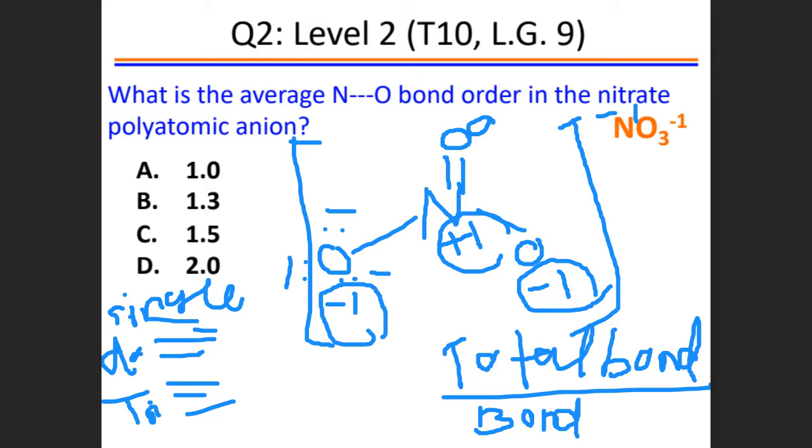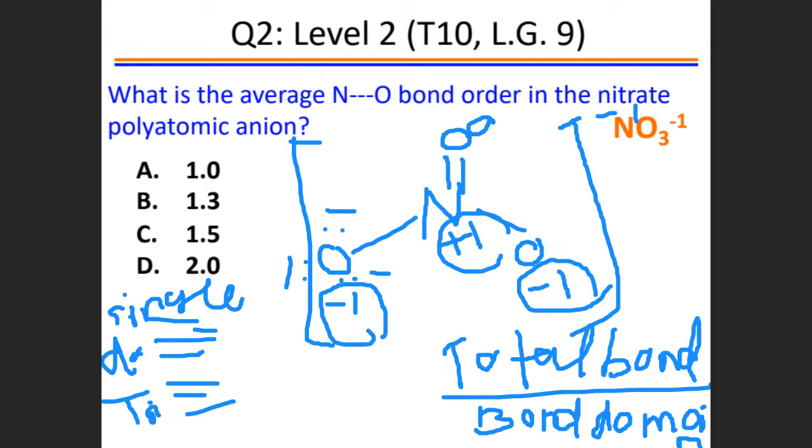Can anybody say how many total bonds we have here? 2 single bonds and 1 double bond, correct? So we have the total bond 4. And bond domain, I told you, is from the central atom to the other atoms. Yes. Isn't it 2 single bonds and 1 double bond? So two single bonds we consider 2, plus the double bond 2.